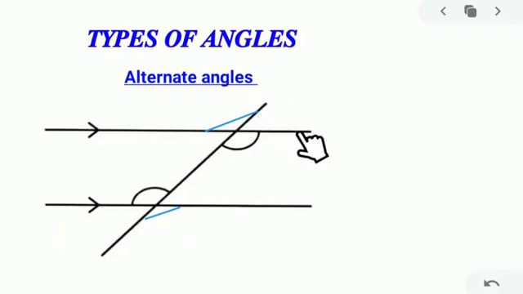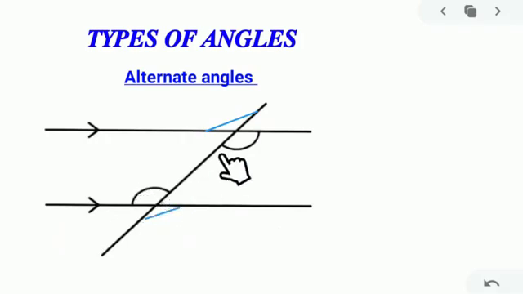An alternate angle is an angle that is on the opposite side of a transversal. There are two types of alternate angles. One is the interior alternate angle. The interior alternate angle is present between the two parallel lines and is on the opposite sides of the transversal.